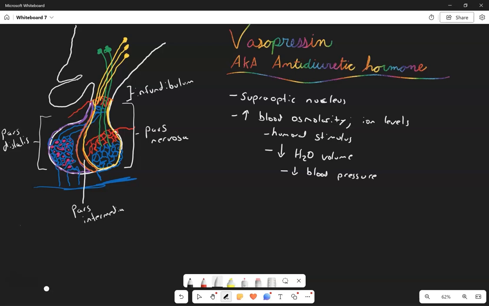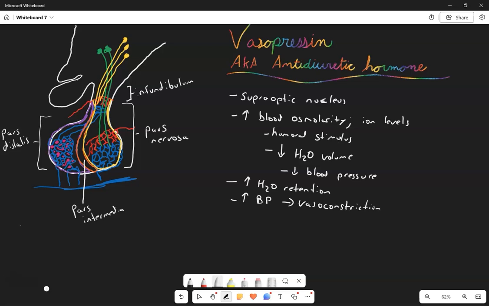So ADH is going to basically do two things. It is going to increase our water retention, and it's going to increase BP by causing vasoconstriction. So we're going to make the tubes, the blood vessels, smaller.